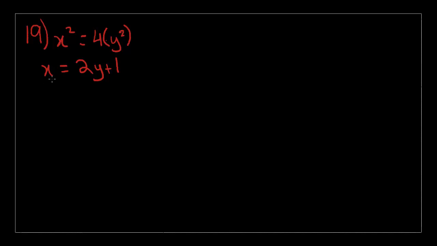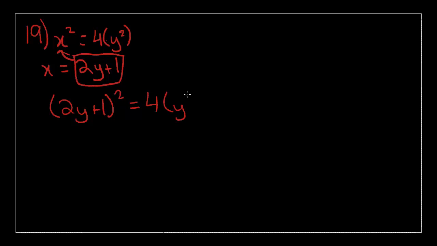So we know the value of x, which is right here, 2y plus 1. So we could take this and plug it into this equation. So it'll become 2y plus 1 whole squared is equal to 4 times y squared. We can just delete the brackets because those aren't essential.